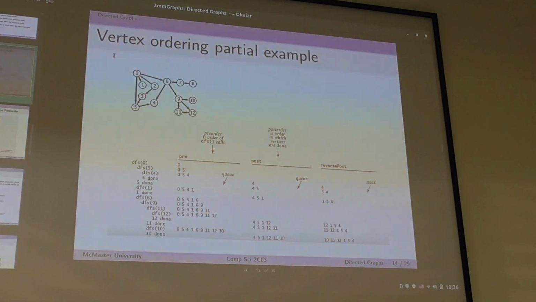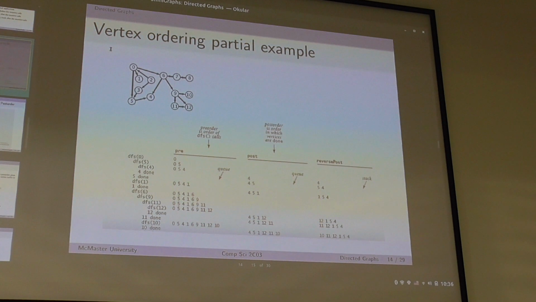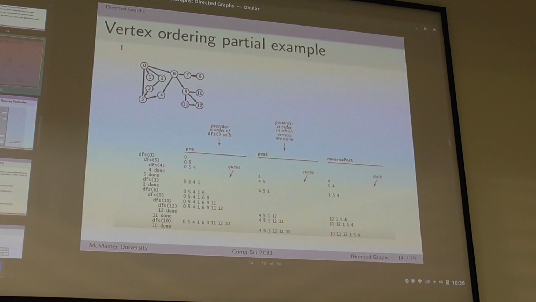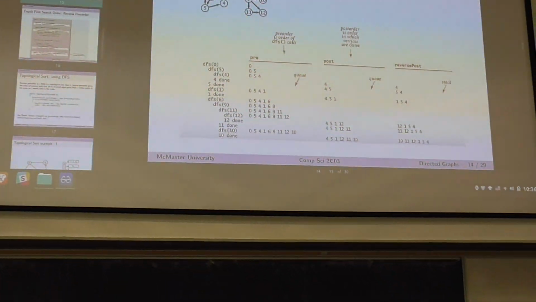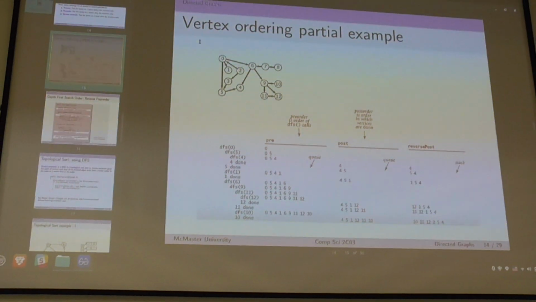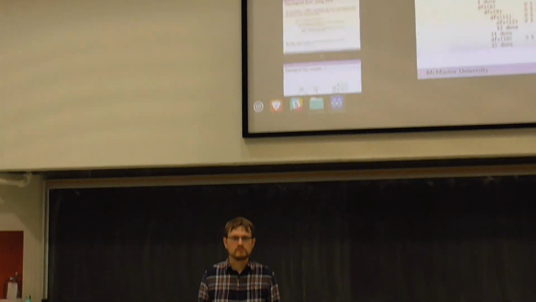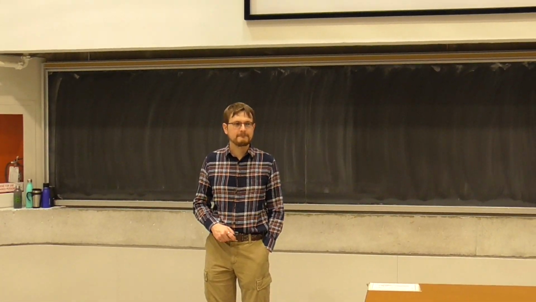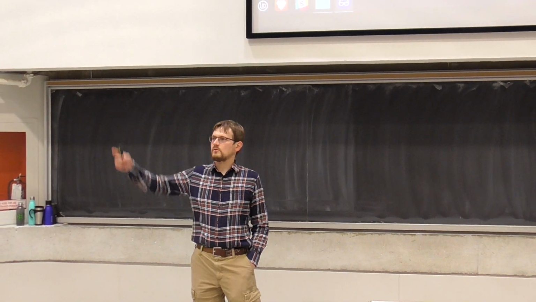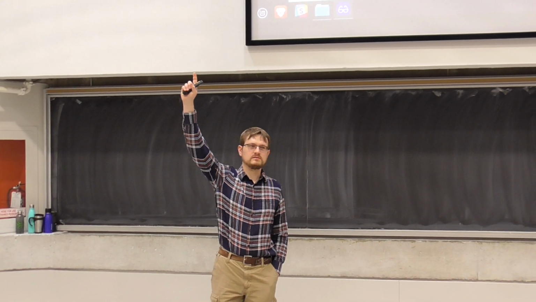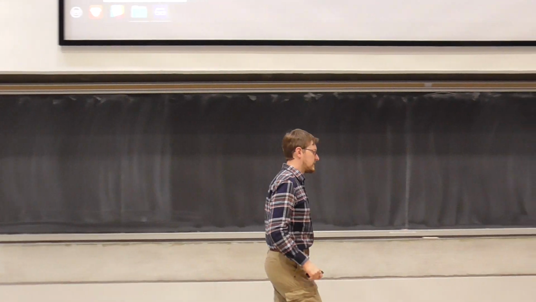Reverse that list, and you will end up with a topological sort as if by magic. So I did an example on the board, but it's a little bit of a complicated thing, so perhaps it would be useful to see it again. Who wants to see it twice? See it again. Okay, I think the eyes have it.